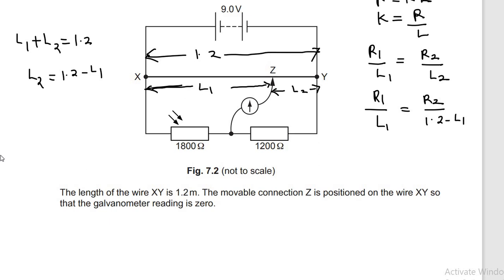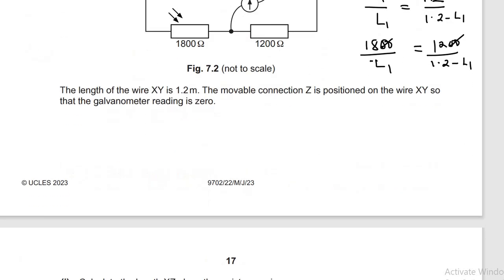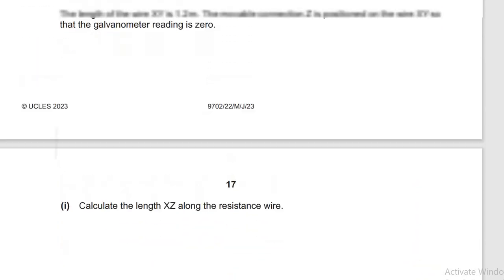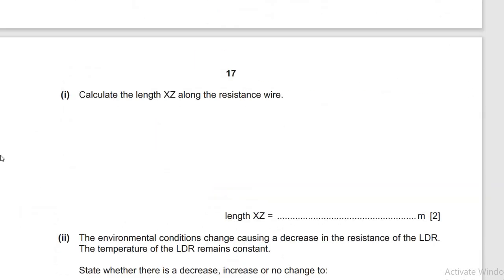So let's calculate L1. R1 is 1800, L1 is unknown, R2 is 1200 over 1.2 minus L1. Double zero cancels double zero. So at the end of the day, I have 18 over L1 equal to 12 over 1.2 minus L1. Cross multiply.